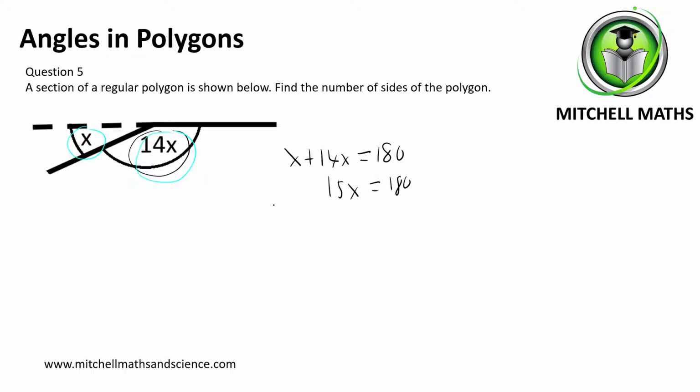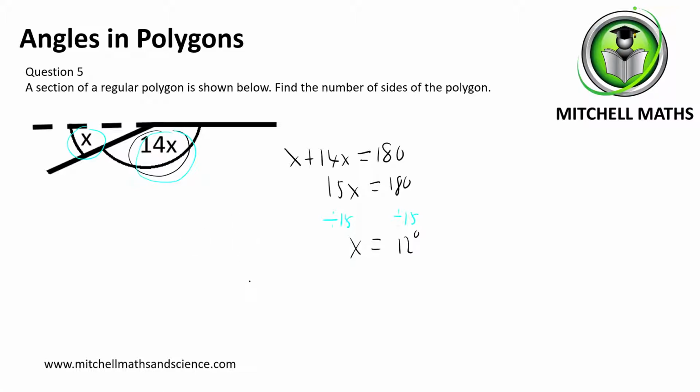To find the value of x, which will give us our exterior angle, we just need to divide by 15. If we divide by 15, we get x equals 12 degrees. Earlier we said that exterior angles in any polygon add up to 360.